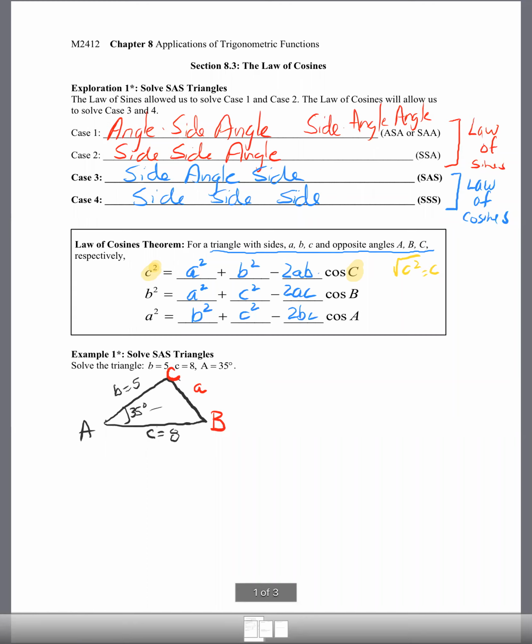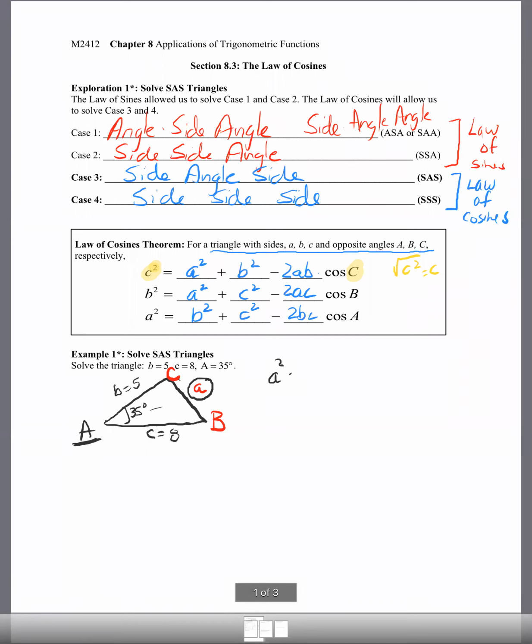Since this is an SAS, and I was given the information about angle A, surrounded by sides B and C, that means my first choice will be to go and find the value for A. So in order to find A, I really have to find A squared first.